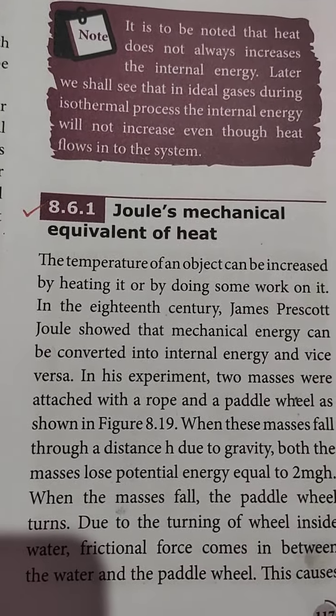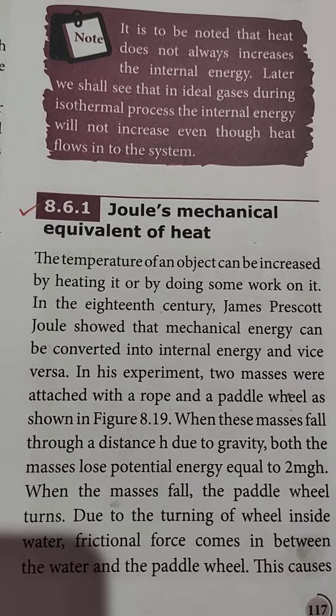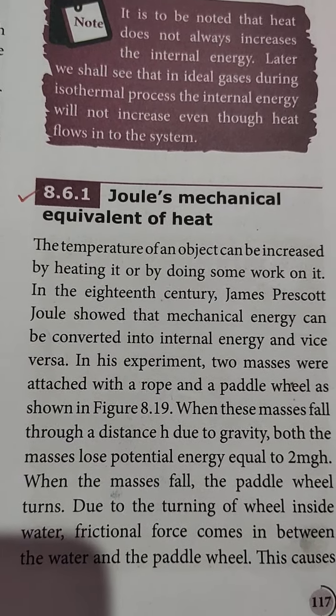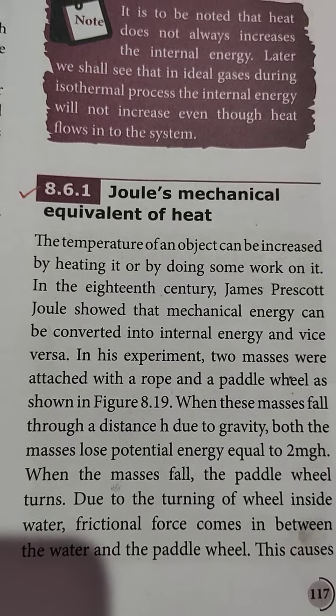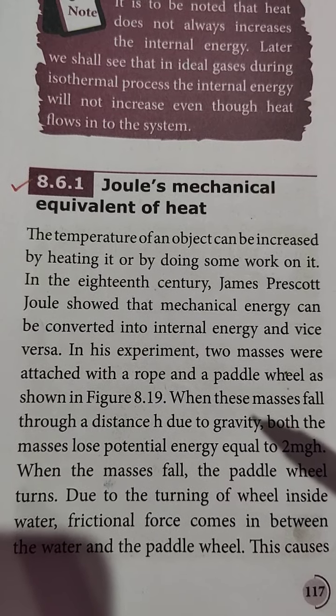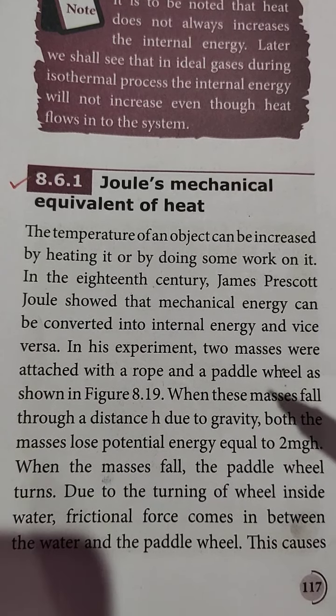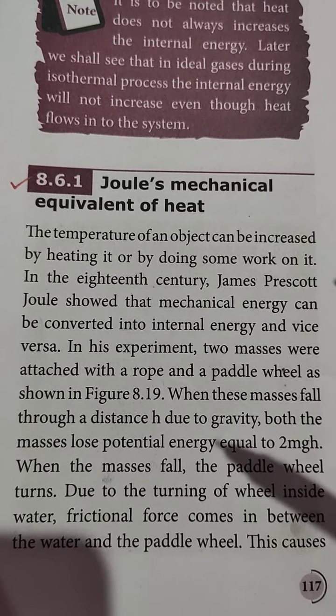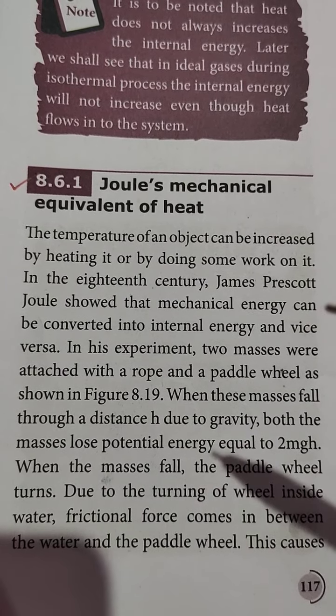The next topic is Joule's mechanical equivalent of heat. It tells us that the temperature of an object can be increased by heating or by doing some work on it.